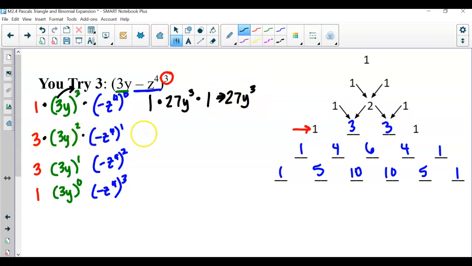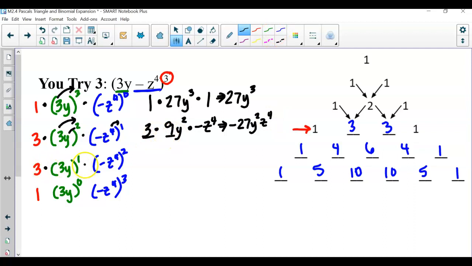Then next up, I've got 3 times, here we go, 3 to the second power is 9, but y is also being raised to that second power, so y squared, times negative z to the 4th power, pow, pow, multiply now, so that is a negative z to the fourth power, making this answer not positive, but negative 27 y squared times z to the fourth from 3 times 9.